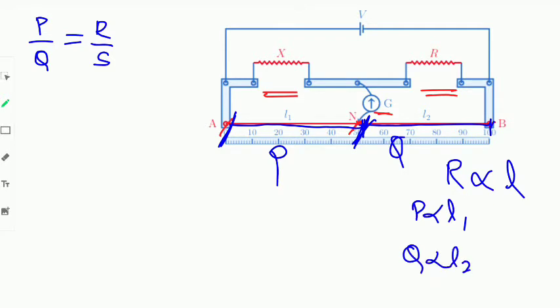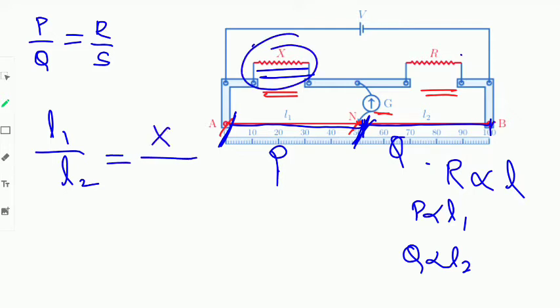Substituting here, this is unknown as X and this is known as R. L1 by L2 equal to X by R in terms of corresponding resistance. We need the value of X, so X is equal to R into L1 by L2.